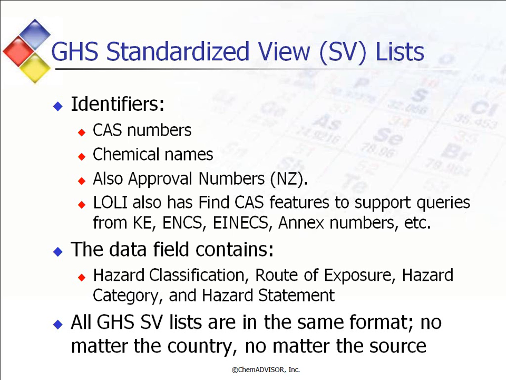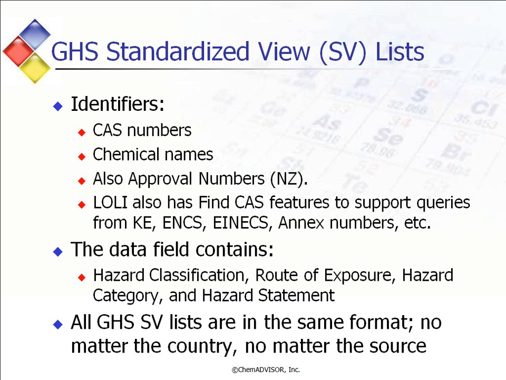The standardized view lists include CAS numbers, chemical names, any approval numbers or other identifiers that are published by the competent authorities, for example, the approval numbers for New Zealand. LOLI itself also has find CAS features to support querying the database, starting from a KE and ENCS, INEX, annex number, chemical name, even UN number, and you can see all the chemicals that are associated with an individual UN number, and then proceed with a broad database query from there.